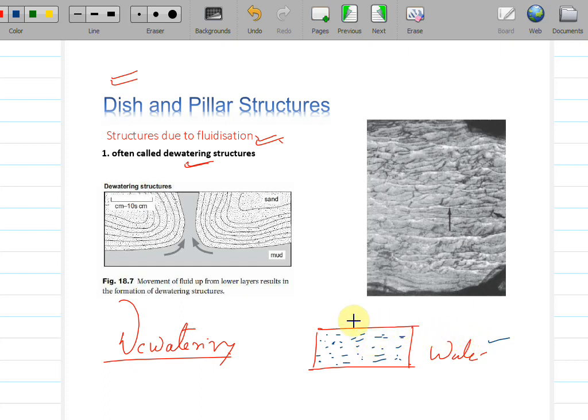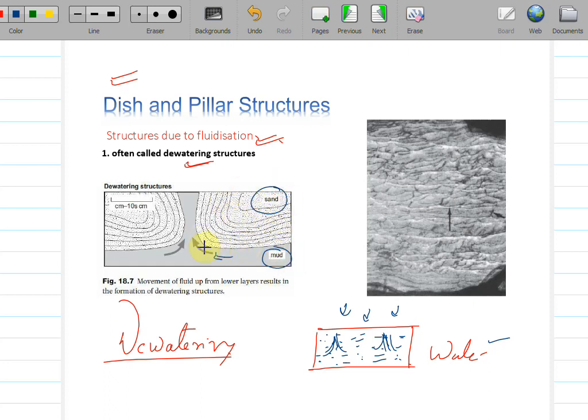Now, due to some pressure, overhead pressure or overburden pressure, this water is getting squeezed out of these beds. It moves upward, something like this. And you can say that you have sand and mud again.